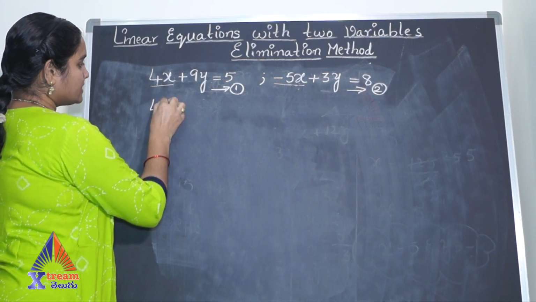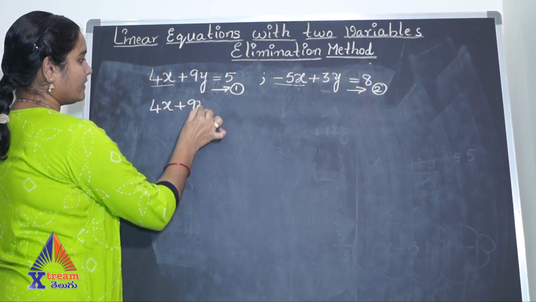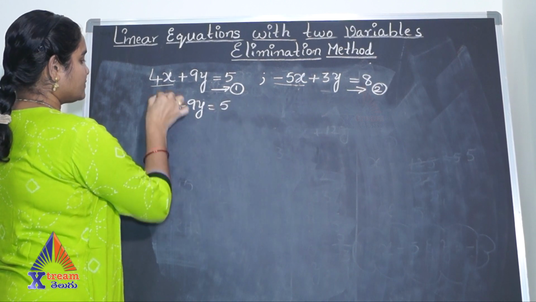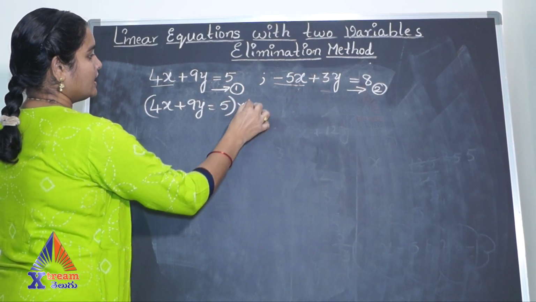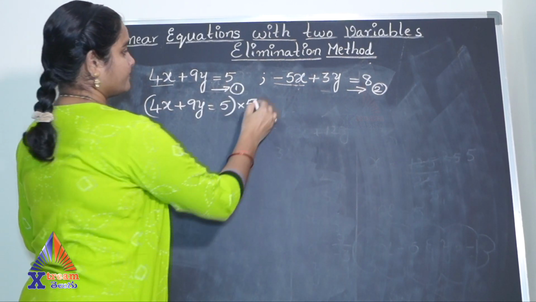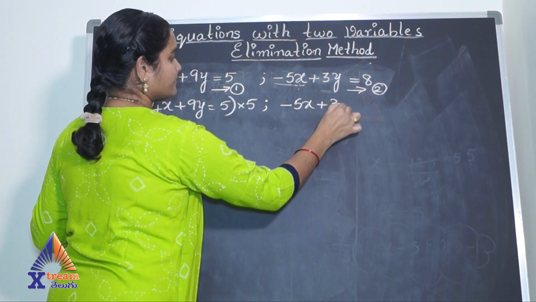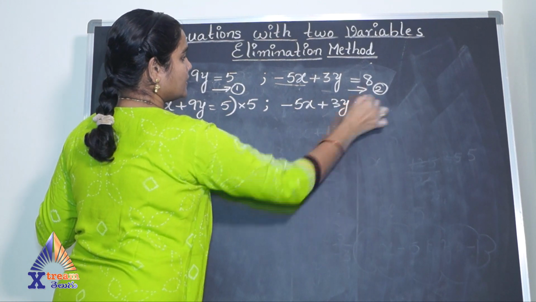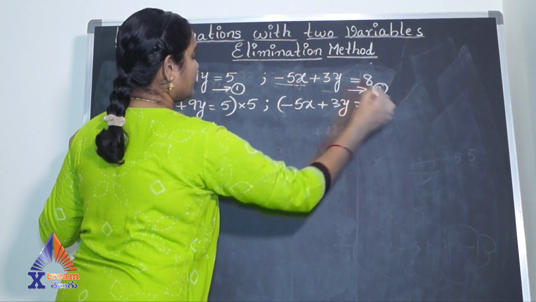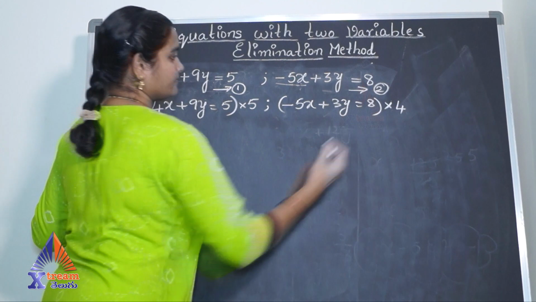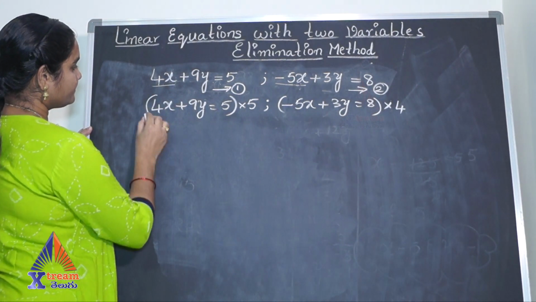So we multiply this equation, 4x plus 9y is equal to 5, with 5. Minus 5x plus 3y is equal to 8, multiplied by 4.